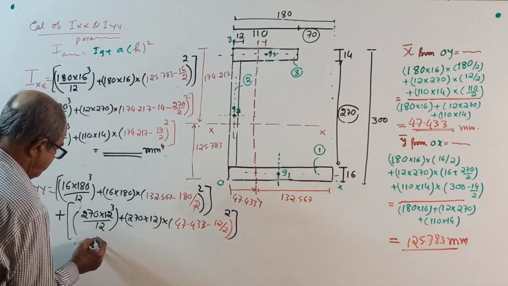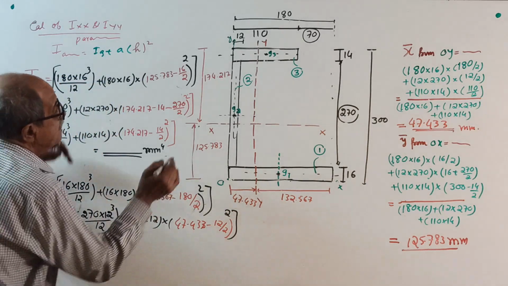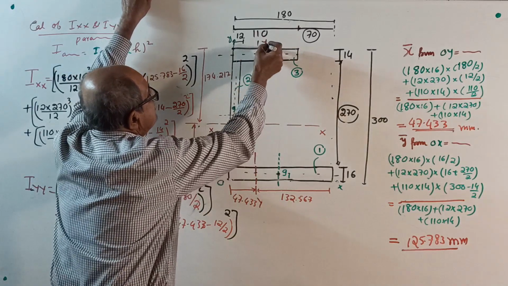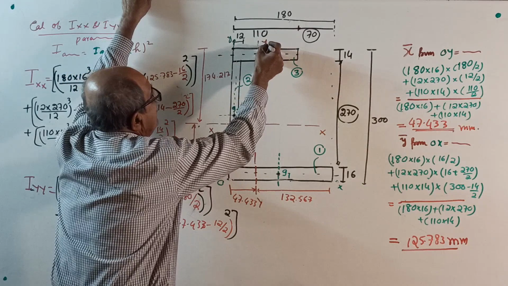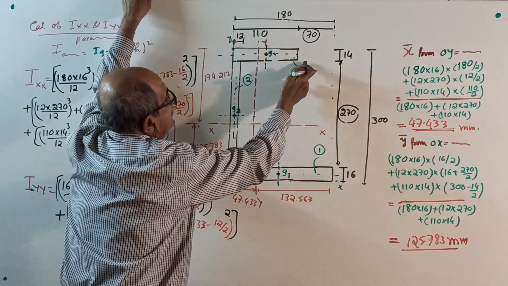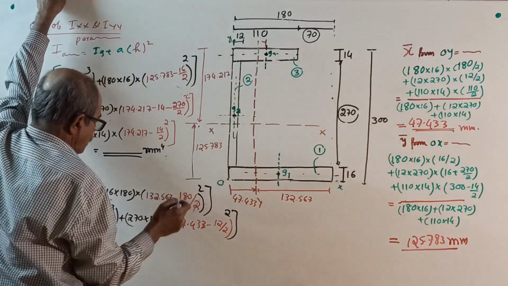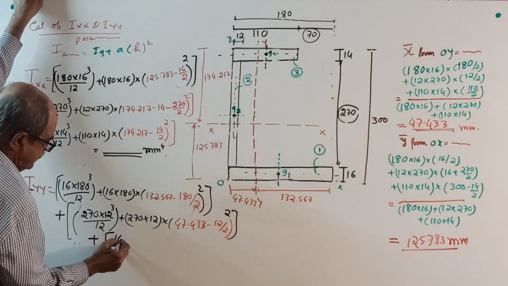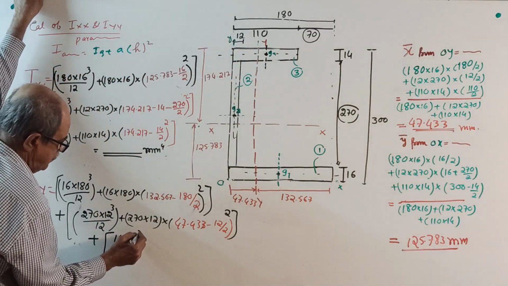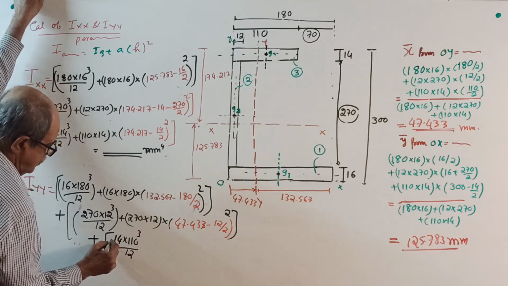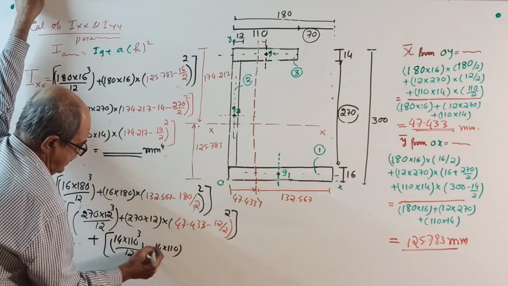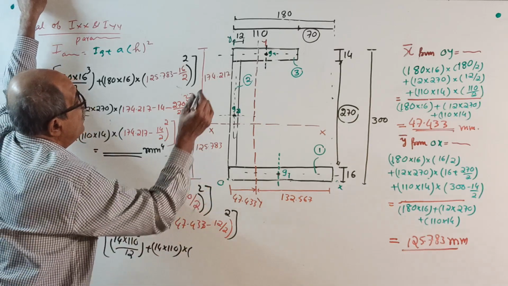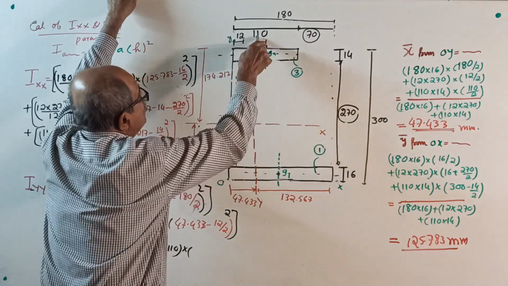Now lastly, plus I about YY. First, about the axis passing through centroid, parallel to YY, is here, this axis. 14 into 110 cube by 12. 14 into 110 cube divided by 12 is Ig, plus 14 into 110 is the area, into the distance from centroid to YY.